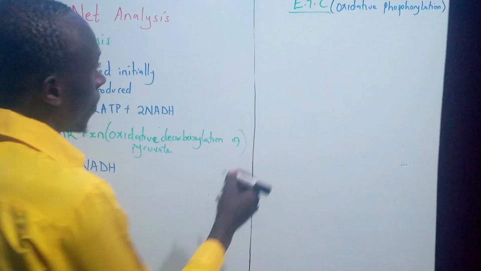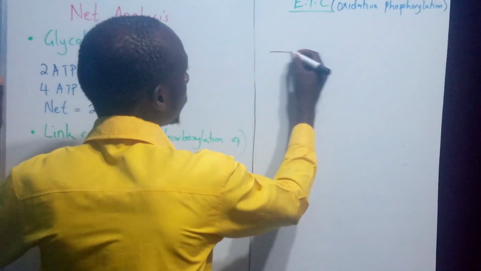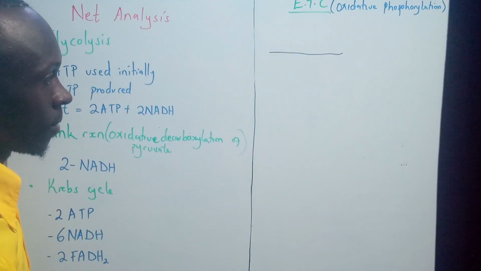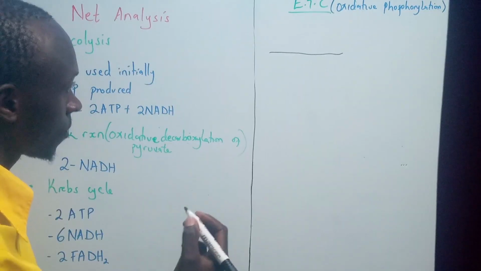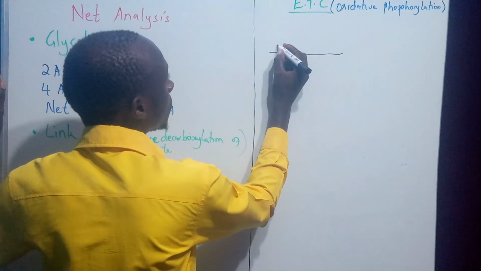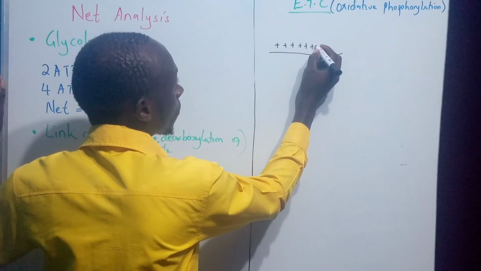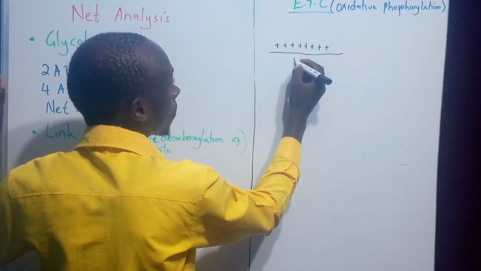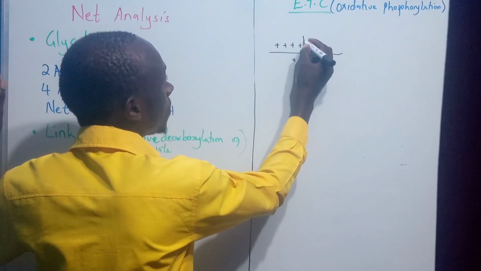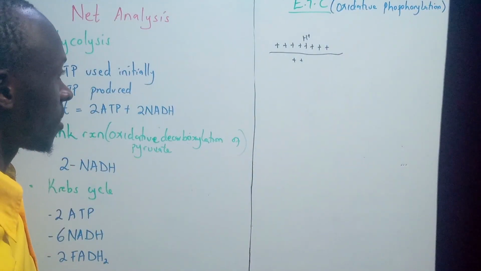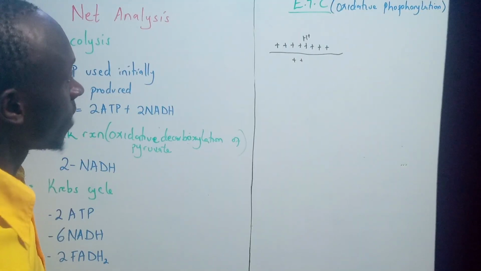So remember, in the previous lecture, we realized that there is pumping of protons across the membrane. These are hydrogen ions. All these protons of hydrogen are pumped using protein complexes 1, 3, and 4.